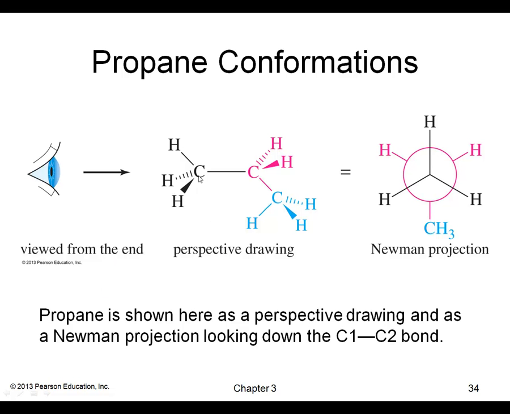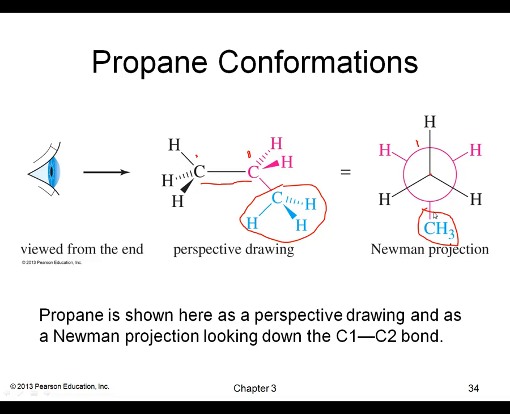Propane can do the same thing. Here's the carbon-carbon bond axis. So here's the front carbon, which is this carbon, and the back carbon, which is this carbon. Now this back carbon has this CH3 on it, and so we draw that CH3 here.